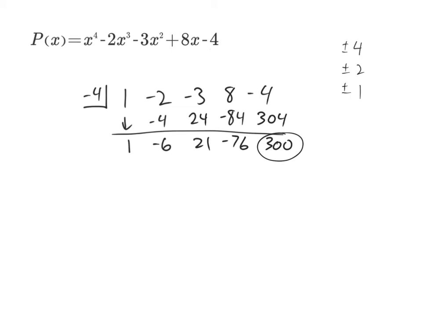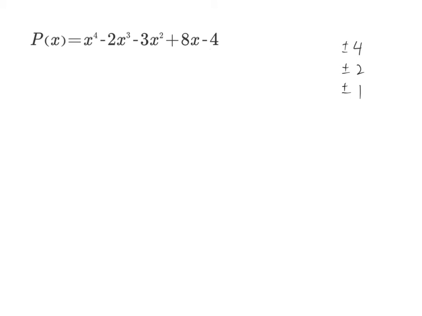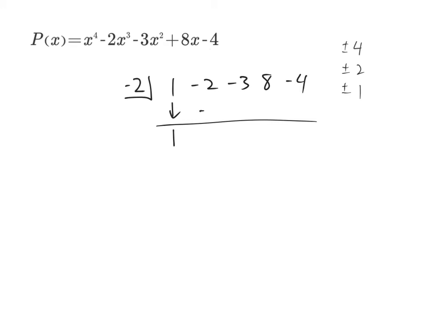Let's try one more. Let's try negative 2. 1, negative 2, negative 3, 8, negative 4. So this drops down. 1, negative 2, negative 4, positive 8. That's going to be 5. That's negative 10. That's going to be negative 2. Negative 2 times 2 is negative 4. We got a 0.